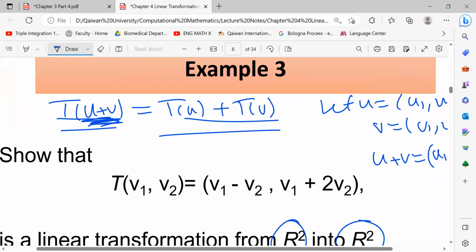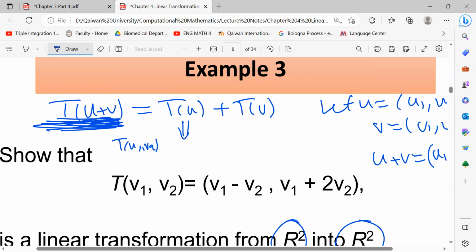Then let's find both sides. They must be equal. What is T of U? It's T of U1, U2.